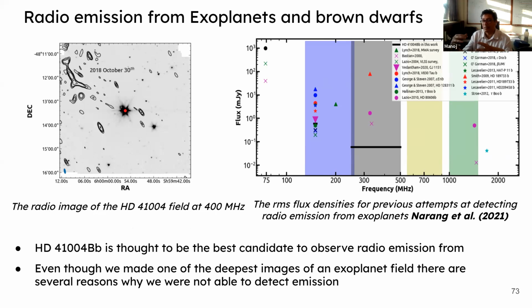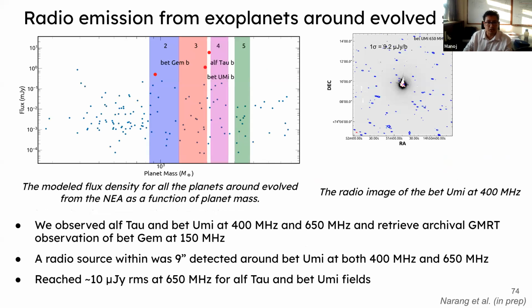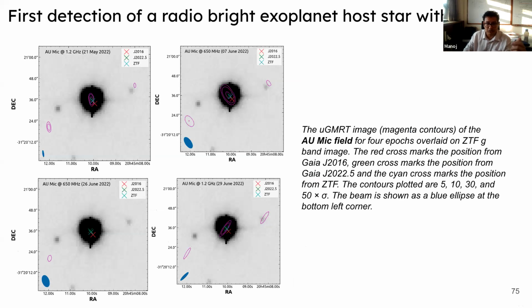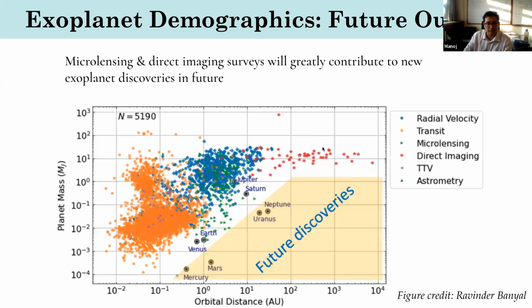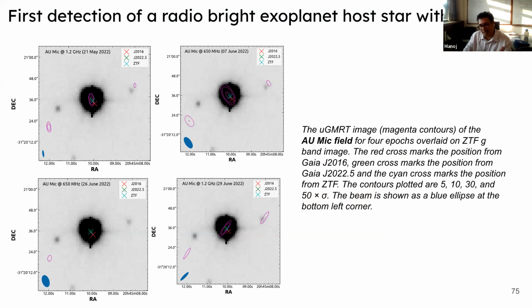Different mechanisms predict certain expected flux, and once you see that you don't see that kind of flux, you can rule out certain mechanisms. We recently had a detection from a young star called AU Mic, but I'll talk about it later.